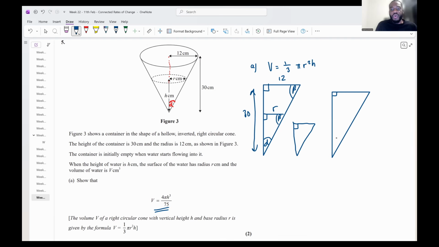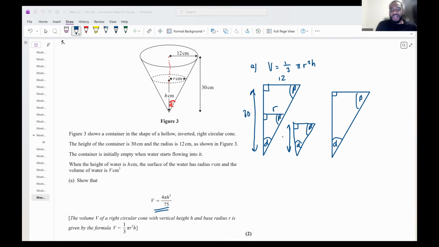They all have the same angles, don't they? That's alpha, that's beta. What does that tell me about these two triangles? Exactly, they must be mathematically similar.